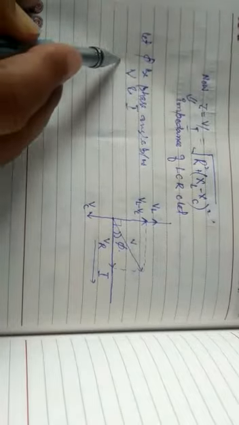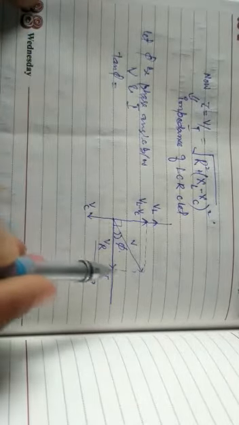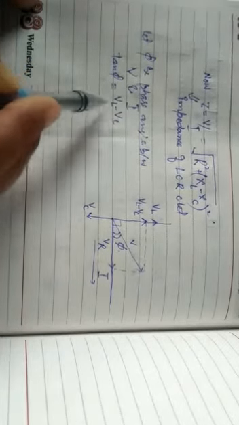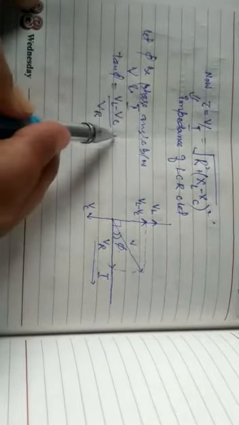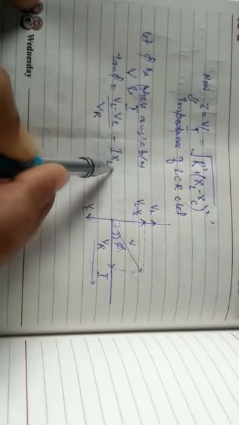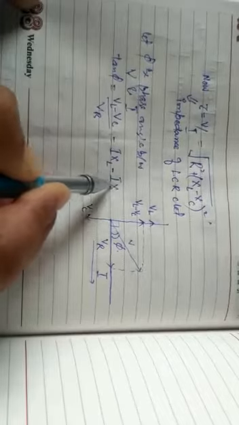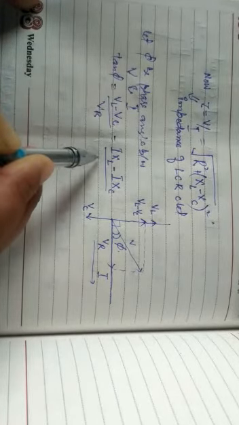Then we will have tan of phi. Tan is the perpendicular over the base, that is VL minus VC over VR. Instead of VL we have I XL minus I XC over IR.